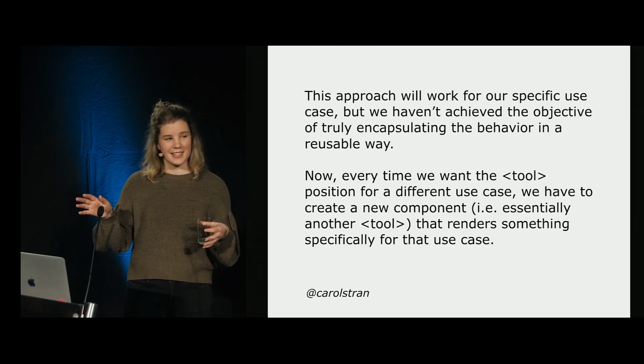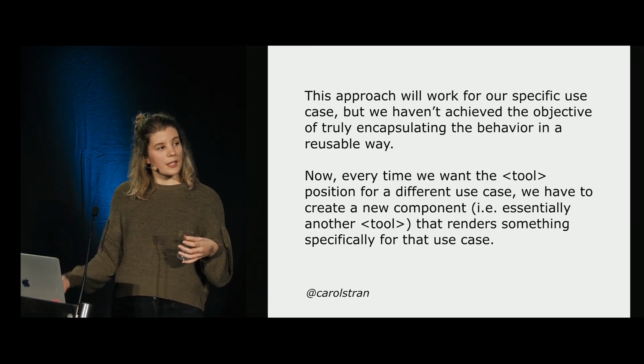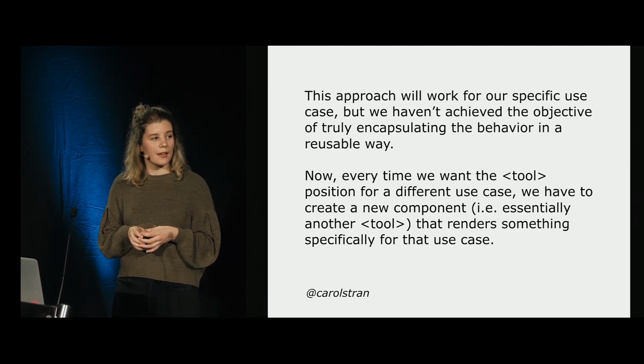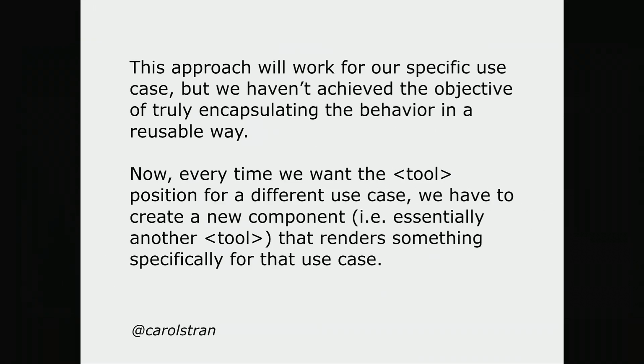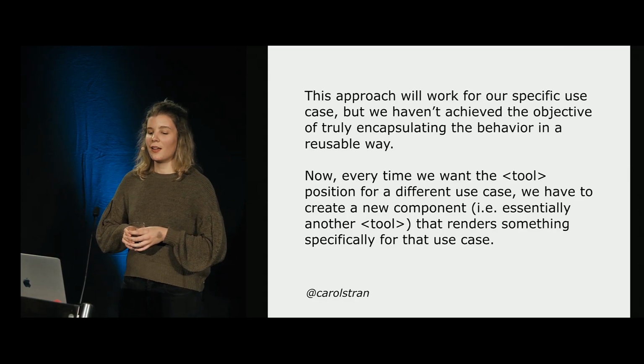I've anonymized it a bit, but here's an example that's live on the internet. It says, "This approach will work for our specific use case, but we haven't achieved the objective of truly encapsulating the behavior in a reusable way. Now, every time we want the tool positioned for a different use case, we have to create a new component, i.e. essentially another tool, that renders something specifically for that use case."